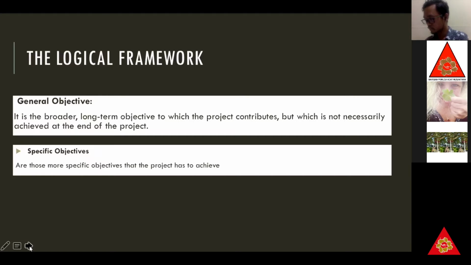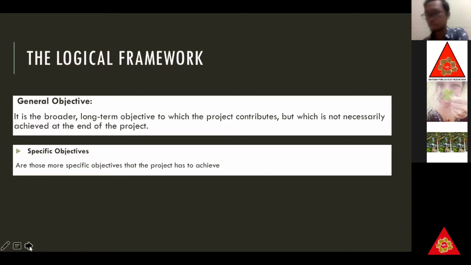Then you have specific objectives, and these are more specific objectives that the project has to achieve. This is something more concrete. And usually you need to have the specific objectives contribute to the general objective.